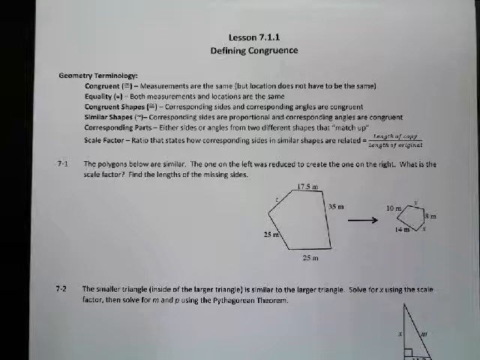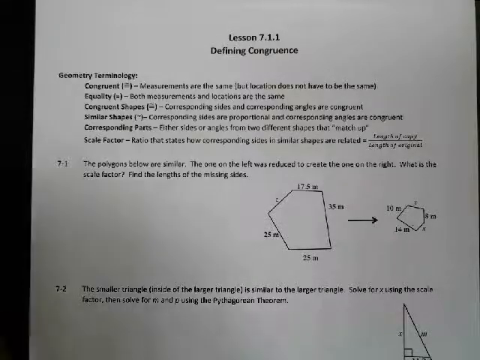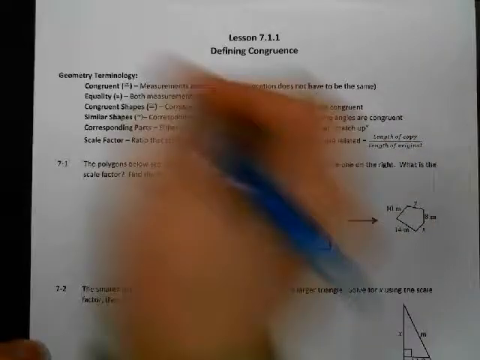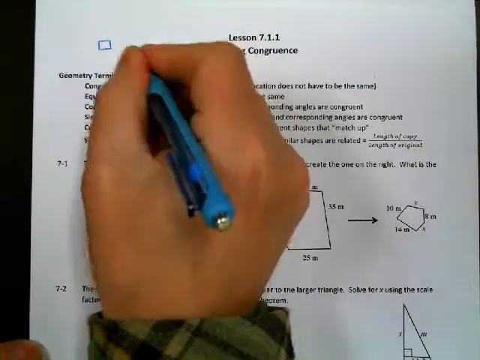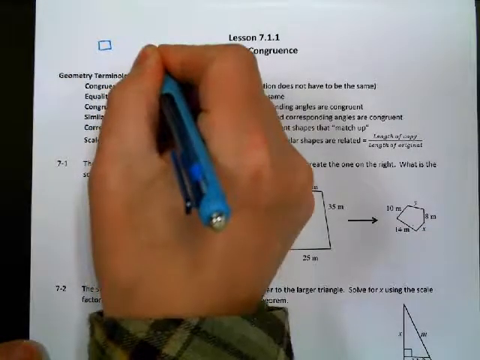Now, in geometry, we're dealing with shapes. So the term equal is not enough for us. And here's why. Let's say that I've got a square here and another square over here.